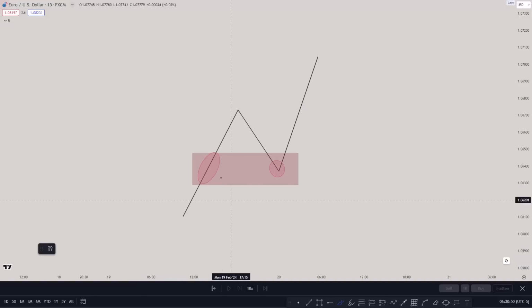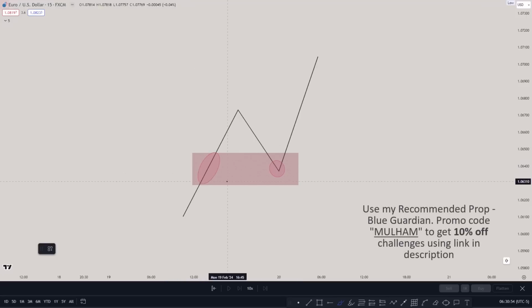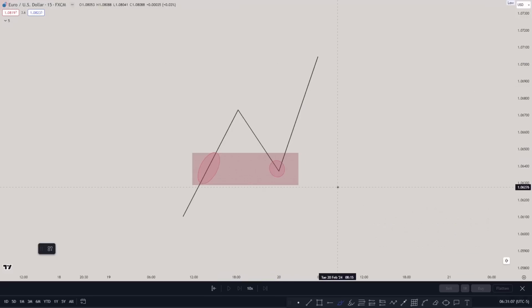If I have those two aligning with each other, basically time and price aligning with each other, I'd expect this fair value gap to be a higher probability one followed by an expansion. That's how we can actually connect and relate between time and price. This is the real way.